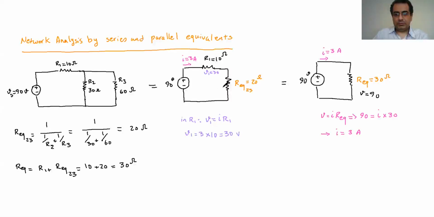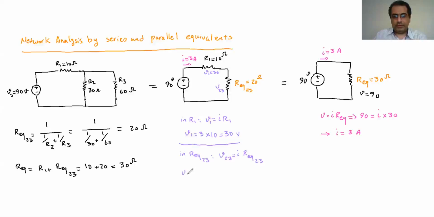Then these two, the voltage here, assume I call it V for 2 and 3. The same I can also write for here, in R EQ 2, 3. I can write V 2, 3 is I, again the Ohm law, times R EQ 2, 3.